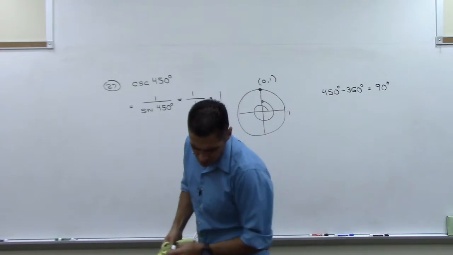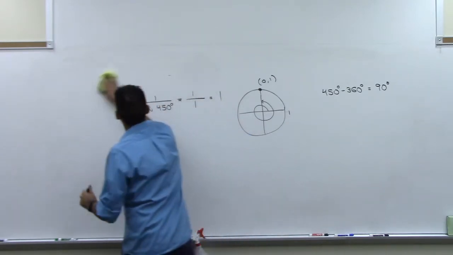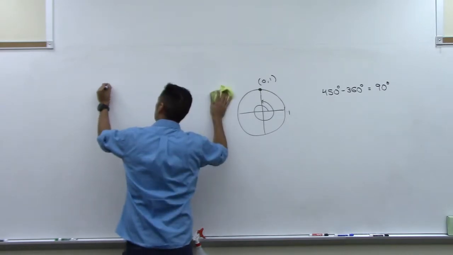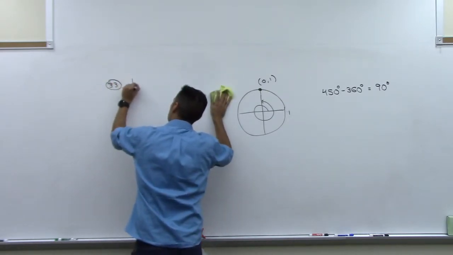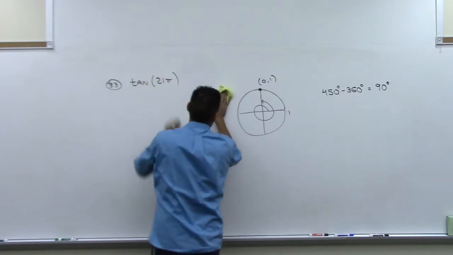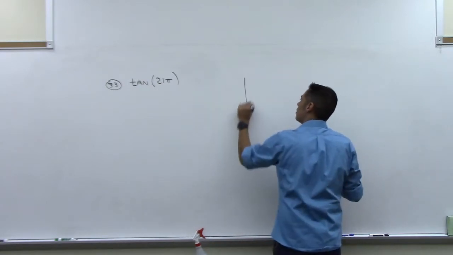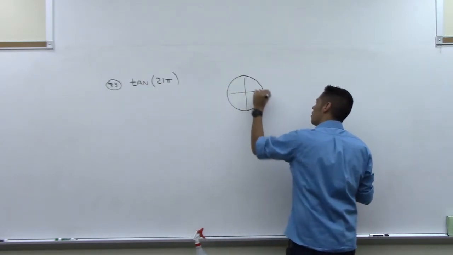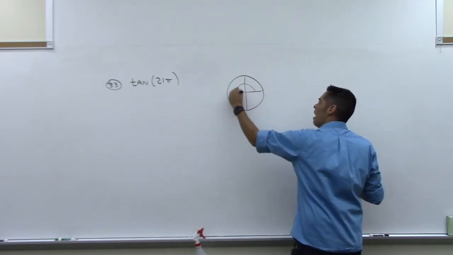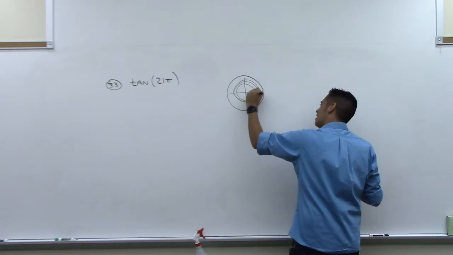Let's try another one, 33. Tangent of 21 pi. Now, I need to figure out where 21 pi is. There are a lot of ways I could do this, but let me think through it. Here's the unit circle. If this is pi, that's 2 pi, 3 pi, 4 pi, 5 pi, 6 pi, 7 pi.